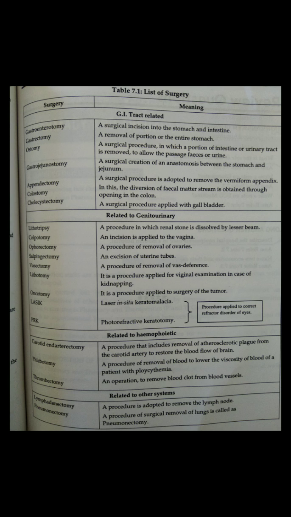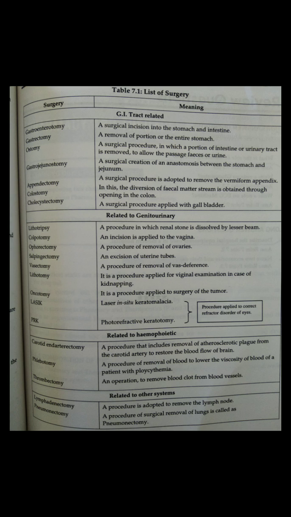Then ostomy, meaning is a surgical procedure in which a portion of intestine or urinary tract is removed to allow the passage of feces or urine. Then jejunostomy, the meaning is the surgical creation of an anastomosis between the stomach and jejunum.